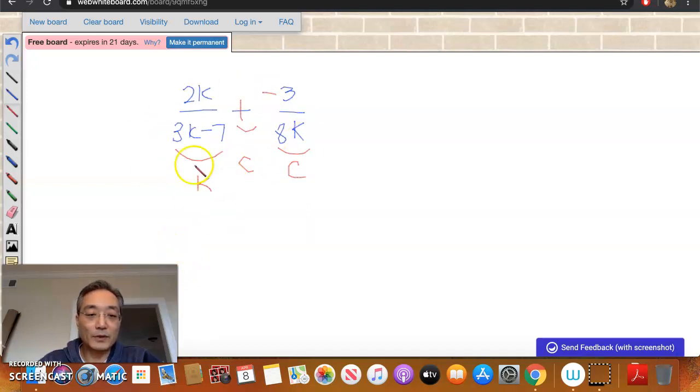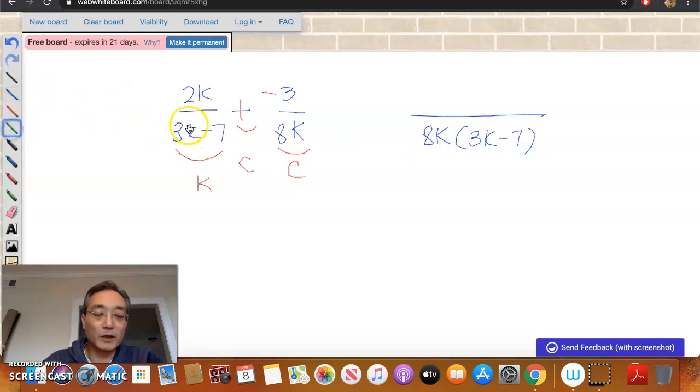Now we can do the same process that we did before. We clearly see that our LCD is going to have the 3k minus 7 and the 8k in it. I like to write the monomials first and then the binomials, which means we're going to have to multiply the first one by 8k over 8k.